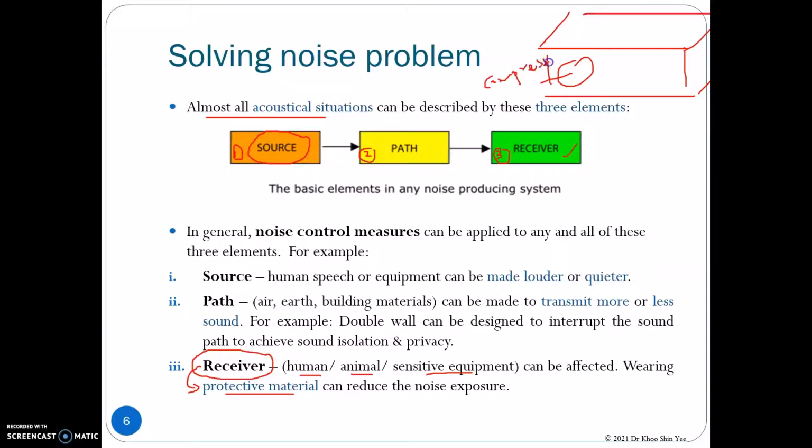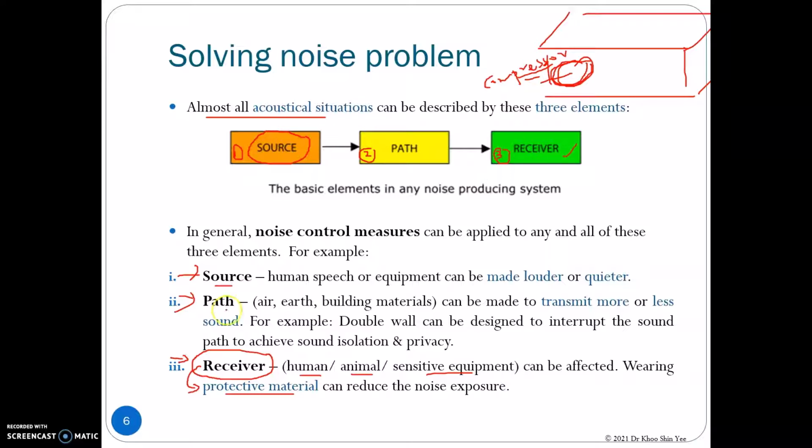In this case, to control the noise within an acceptable noise limit, we can consider the three elements here. For the first strategy, we need to tackle the source, which is the compressor here. So we can consider changing the compressor to one with better sound quality. You know that a compressor is not cheap. If you want to change it to a better sound quality one, it might cost you a lot.